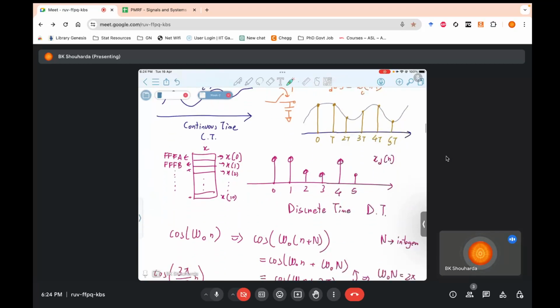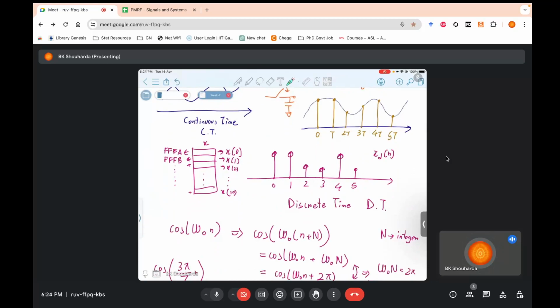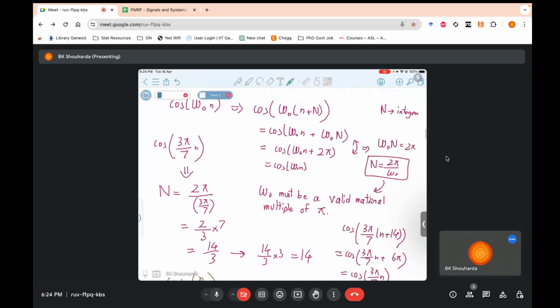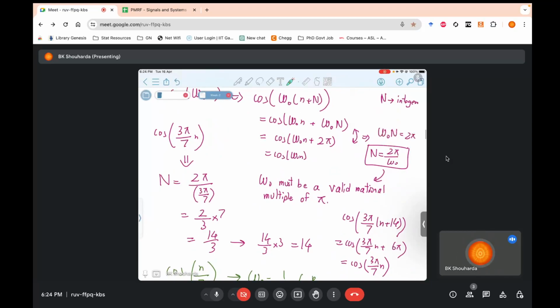Once you find that, then find N equal to 2 pi upon omega naught. It's not the nearest integer, but you try to multiply it by some number which gives you an integer.